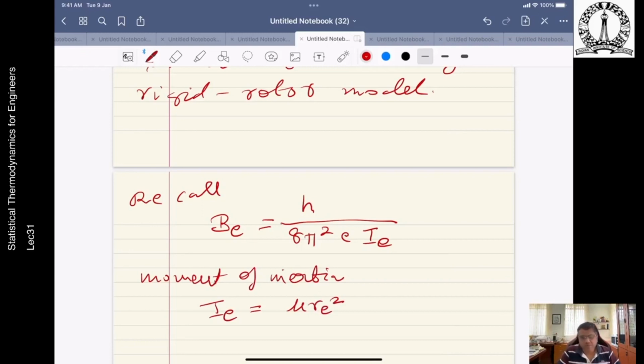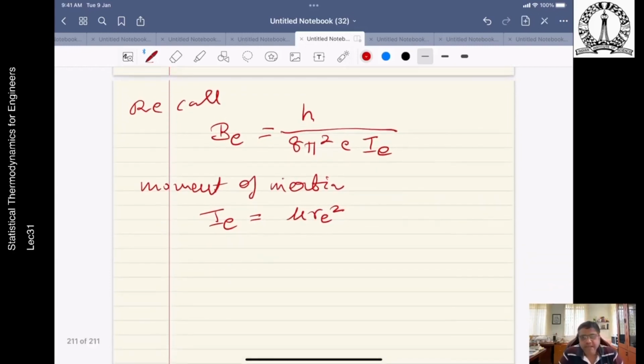So the evaluation of BE from a specific rotational spectrum results in an experimental value for the moment of inertia, thus providing the equilibrium internuclear separation or bond length for any given diatomic molecule.